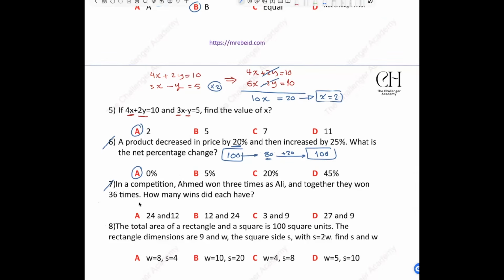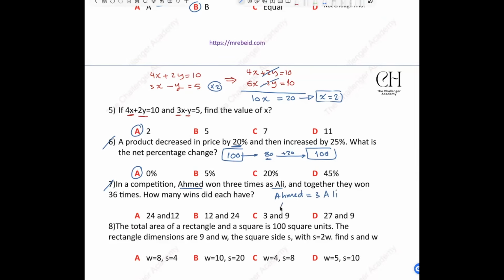Question 7. In a competition, Ahmed won 3 times as many as Ali, and together they won 36 times. How many wins did each have? We can translate this question from English into math. We have Ahmed and Ali. So Ahmed equals 3 times Ali.